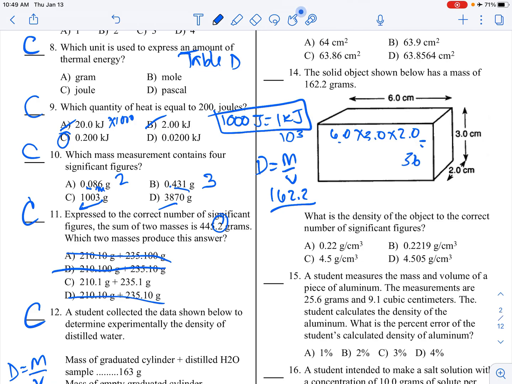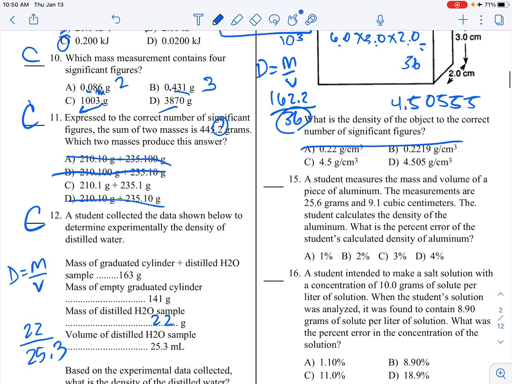And this has 2 sig figs, so does this, so does this. So 36 is our answer, which means when we divide, we should have 2 sig figs. So my calculator gave me 4.50555. And so since we only want 2 sig figs, since that's the fewest number when we divide, we're going to choose choice C for number 14.